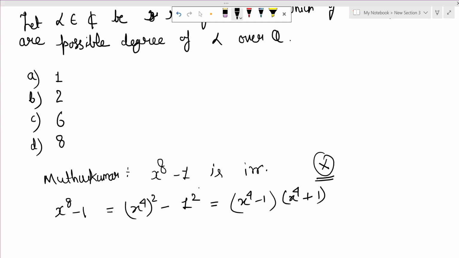Now you can further factorize this. How will you factorize this? x squared minus 1, x squared plus 1. And factorize this one also. x to the power 4 plus 1 is also not irreducible, right? So factorize this one also.